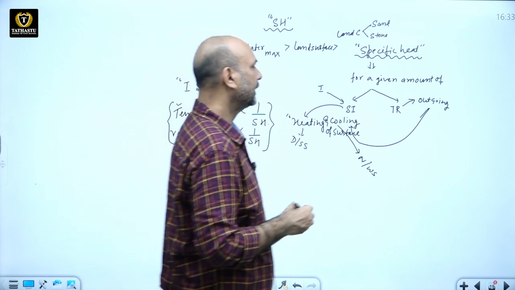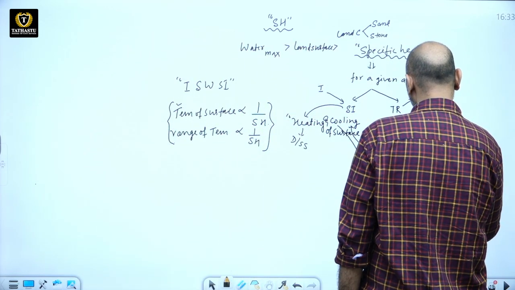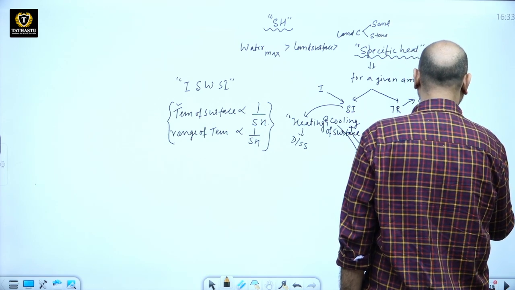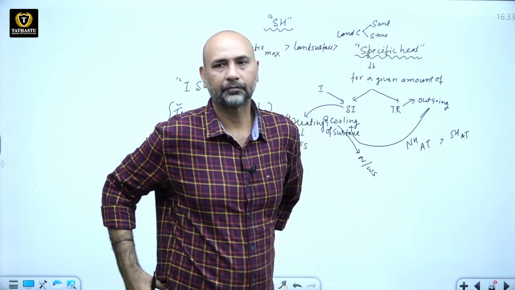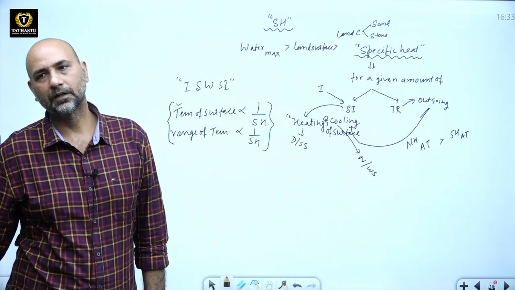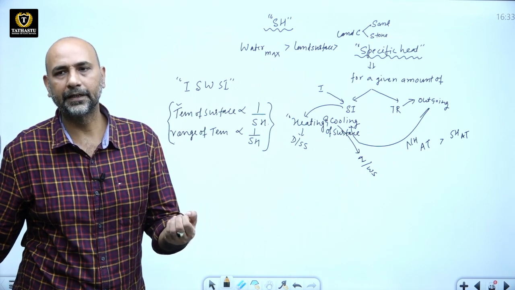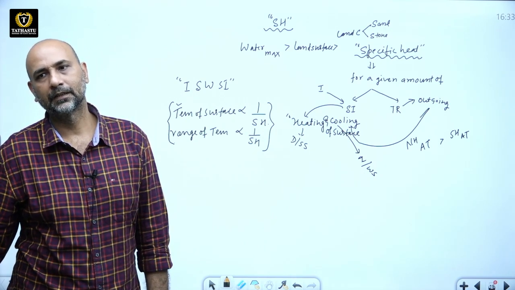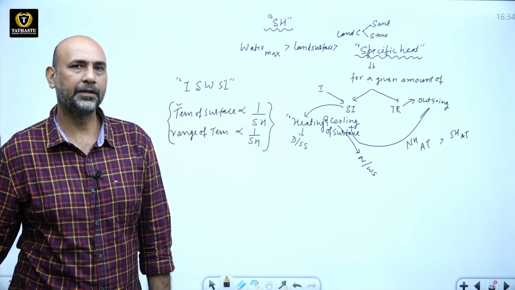So tell me one thing, the annual temperature of the northern hemisphere is going to be greater than the annual temperature of the southern hemisphere. That is the first conclusion, because the northern hemisphere is dominated by continent, the southern hemisphere is dominated by oceanic surface. Is it clear? Have you written it?